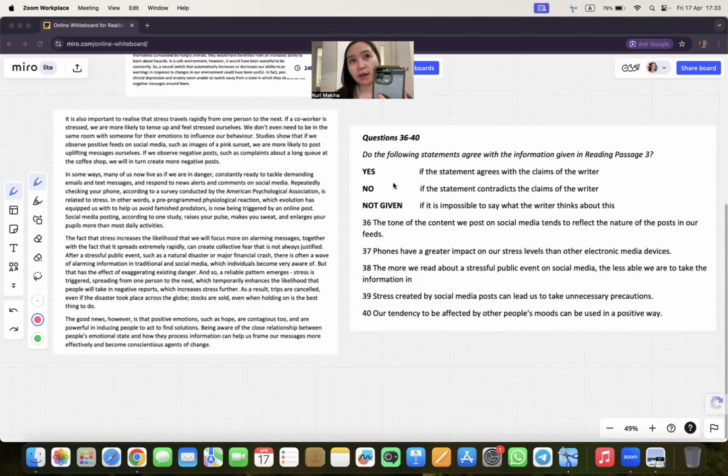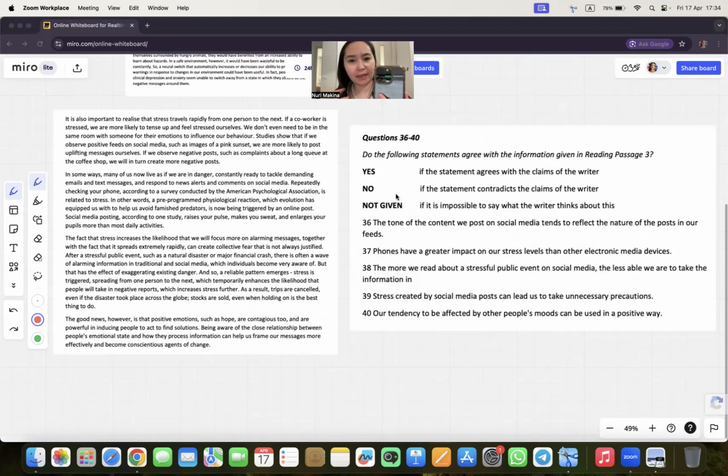Also, if you're running out of time or if you can't decide, and personally, sometimes it's really hard to decide whether the answer is not given, or no, or yes. Sometimes I also try to choose between no and not given, but the game changer might be to guess. If you don't have enough time to choose the correct answer, or if you're torn between no or not given, try to guess.